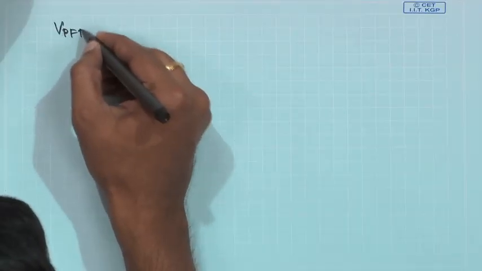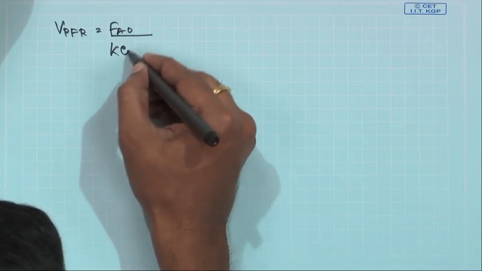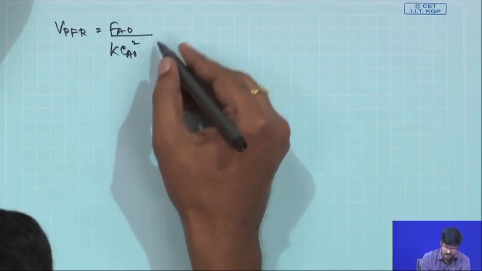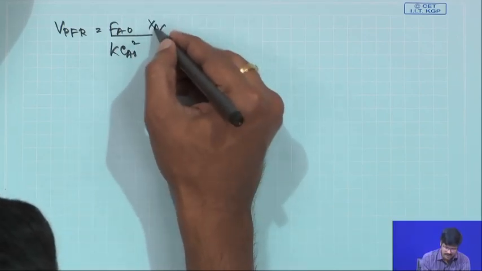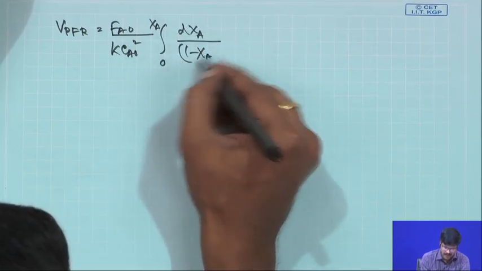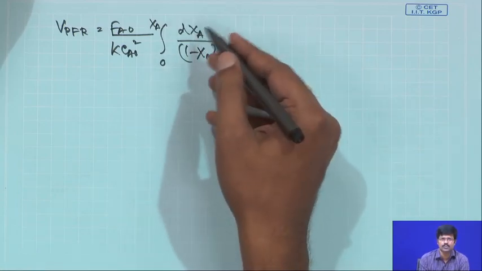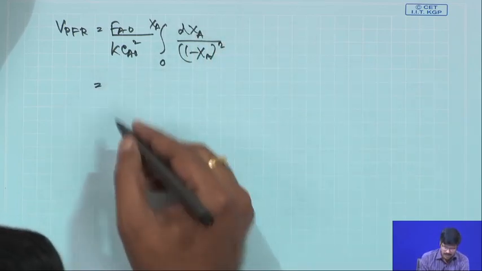So, what will be the corresponding value for PFR? For PFR, remember your expression was Fa0 divided by k Ca0 square into the integral from 0 to xa of dxa by 1 minus x square. I am using x or xa interchangeably, you can understand that both are the same.